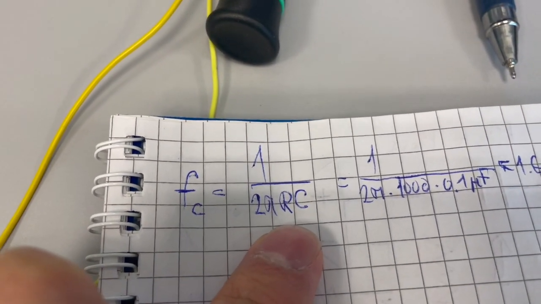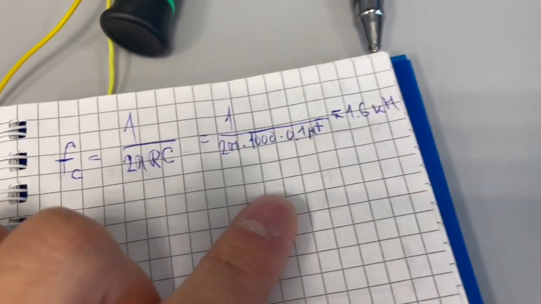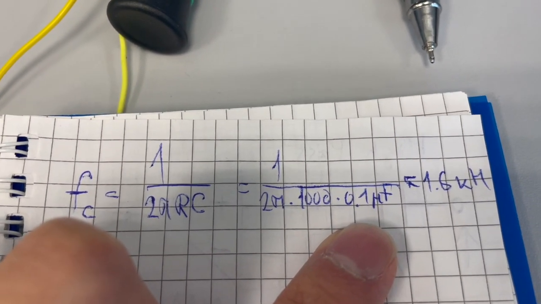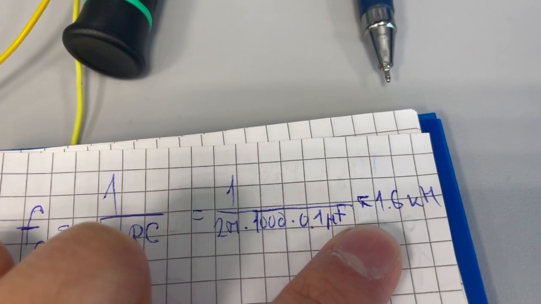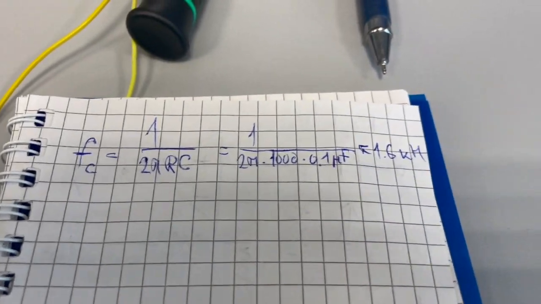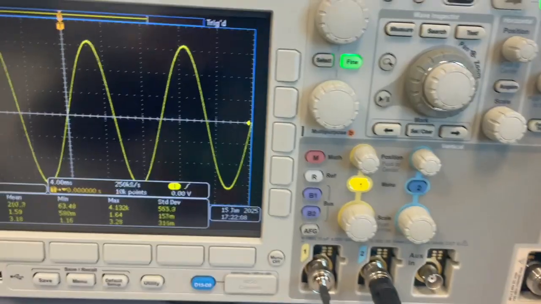R is the resistor that goes to the input, and C is the capacitor that is connected to the ground. We connected a resistor of 1K, and the smallest capacitor of 0.1 microfarad. So roughly it's going to be 1.6 kilohertz. Let's see what the amplitude of the output is at 1.6 kilohertz.